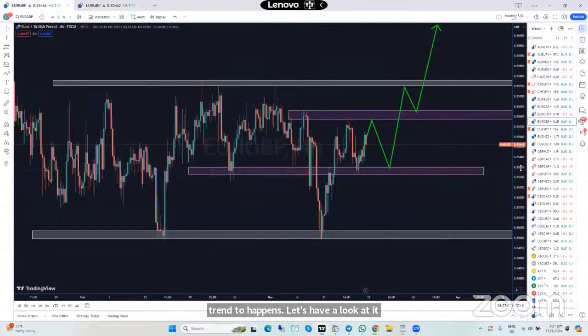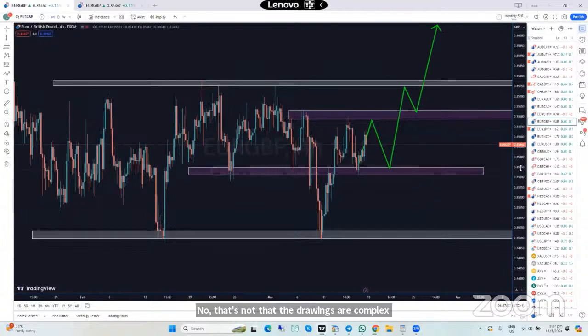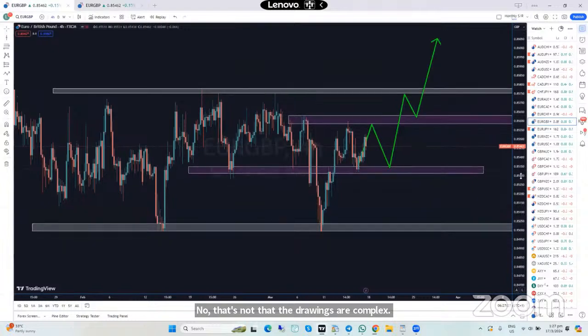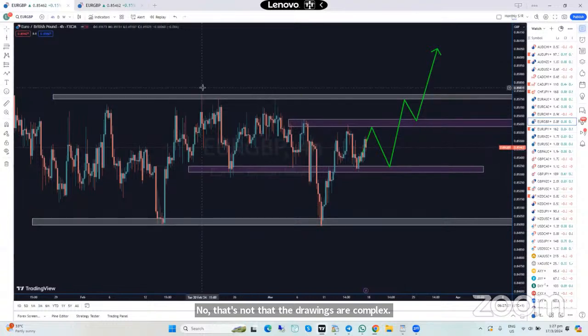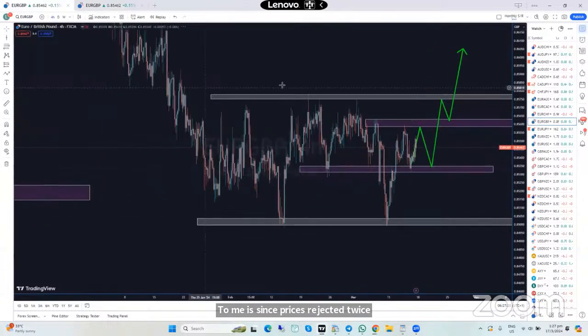On my chart, it's really complex. If I have three or more things in my chart, I would say it's complex, not that the drawings are complex. Since price has rejected twice, it's still significant enough for me to draw out a smaller range.